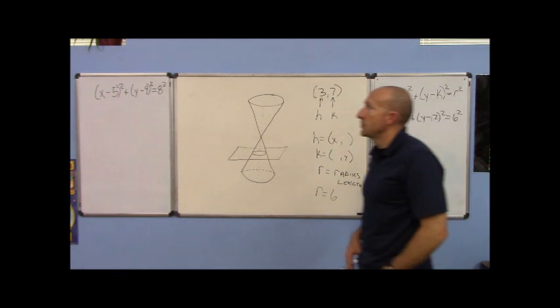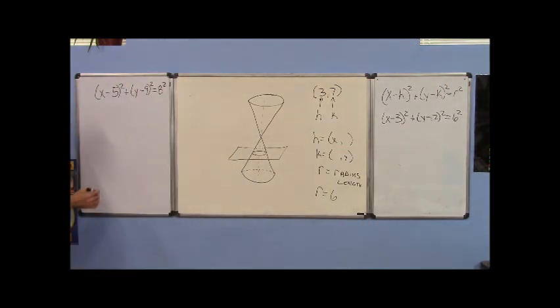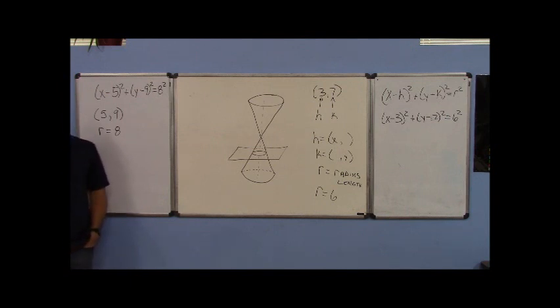Okay, so let's hear some of what y'all got. What's the coordinate point? 5. Okay, and what? 9. Alright, and then what's the radius length? 8. Not 8 squared, 8.